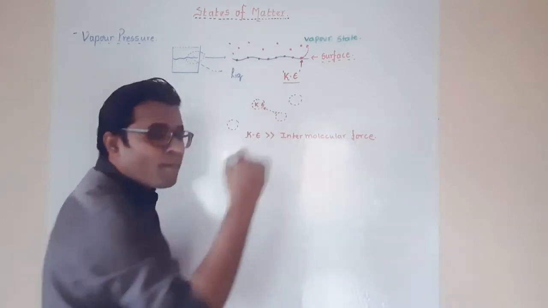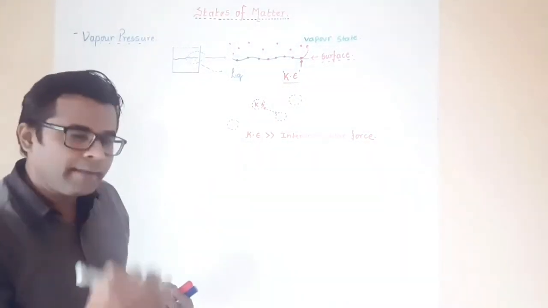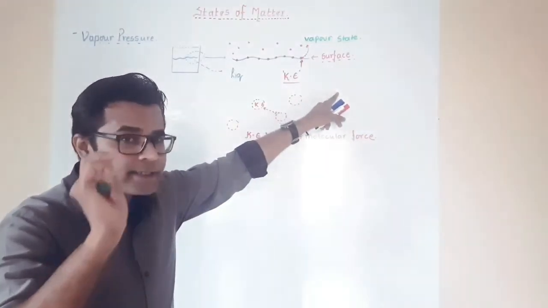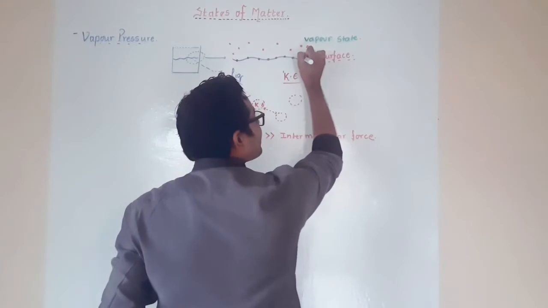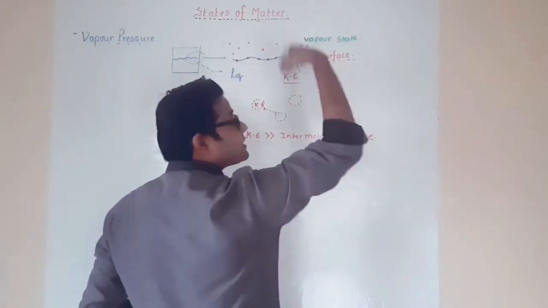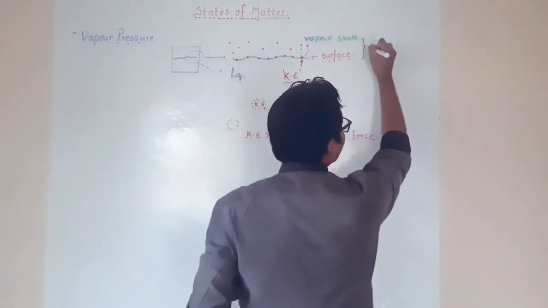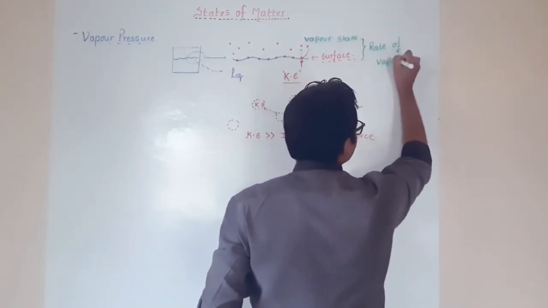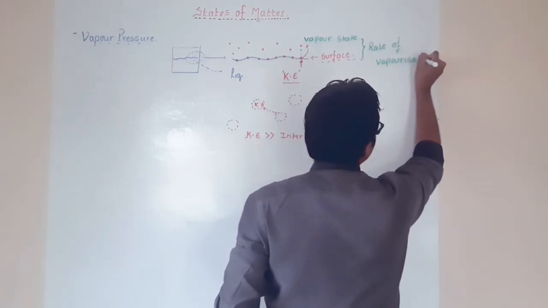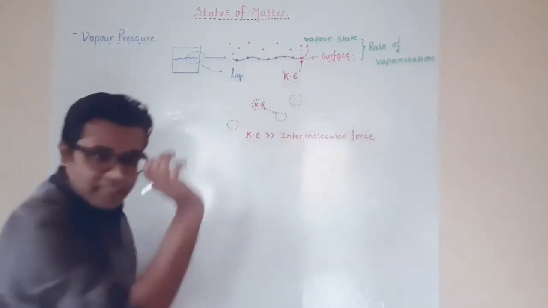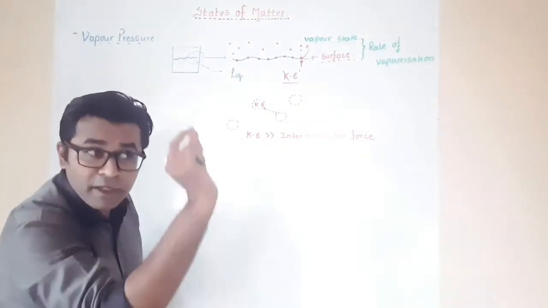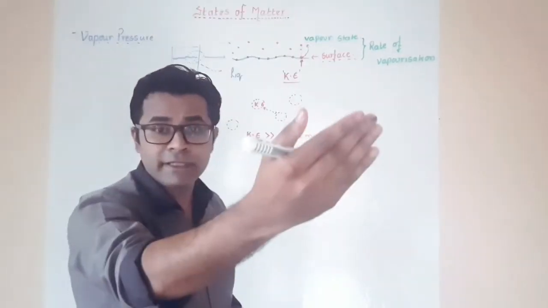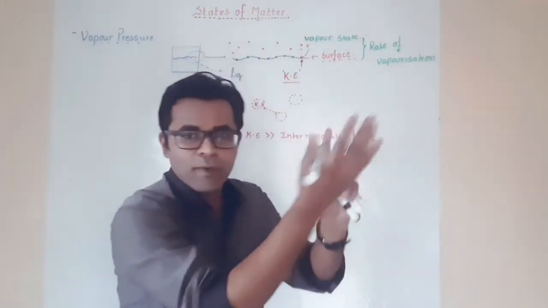Now, the number of molecules per unit volume, per unit time, which are getting converted from the liquid into the vapor state is called the rate of vaporization.